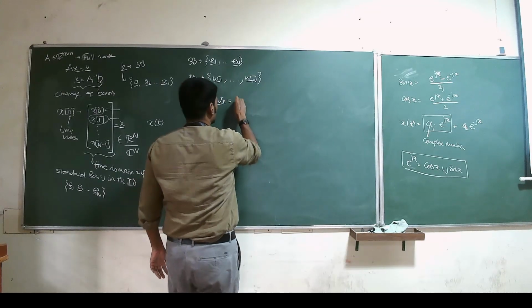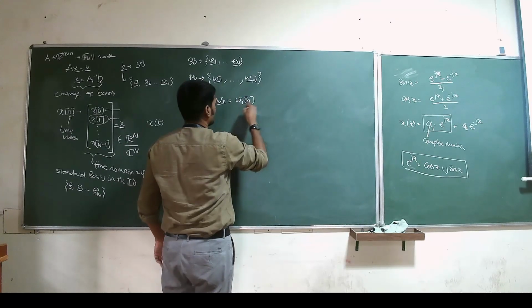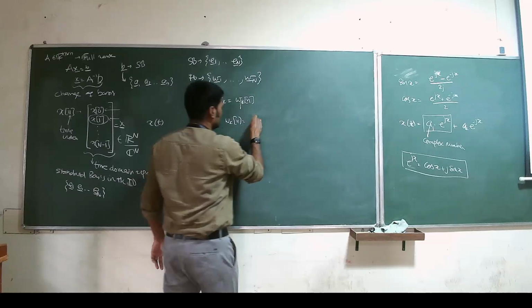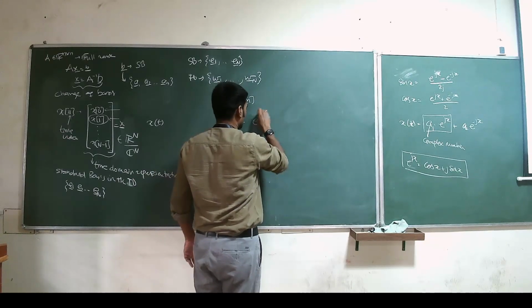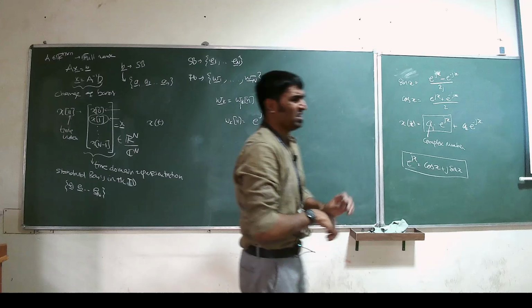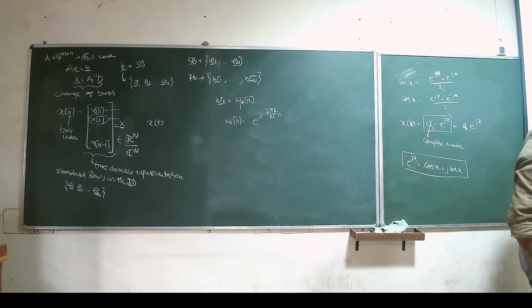Wk is a time domain signal Wk of n, defined to be e power j 2 pi k n by capital N. Don't worry about why it has this weird 2 pi k by n and all that. For now, just take it as the definition.